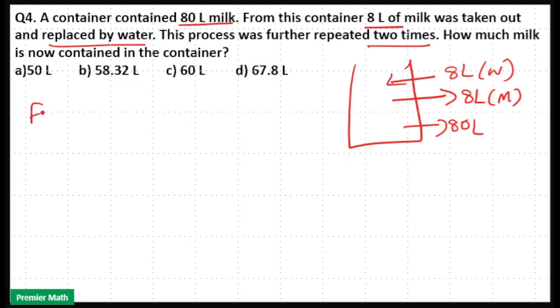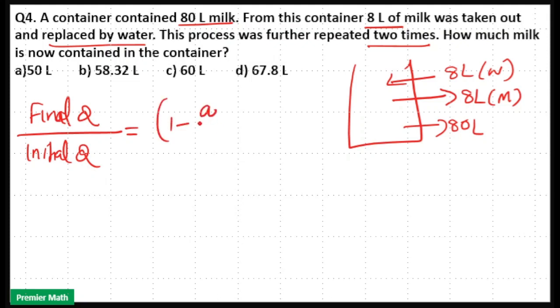So, there is an equation, that is final quantity divided by initial quantity is equal to 1 minus amount removed or replaced divided by initial quantity, the whole raised to number of times the process repeated. Here we have to find out the final quantity.